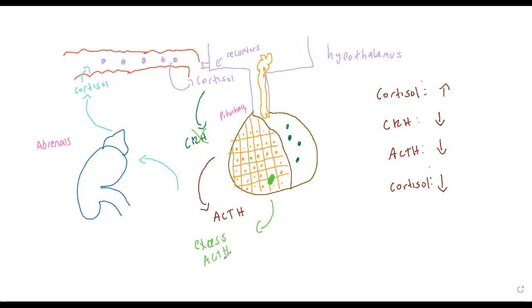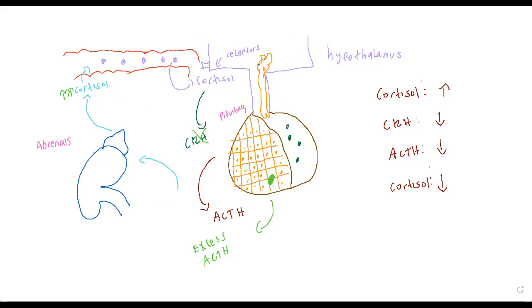Since the adrenals just go by whatever signal they receive, they're going to get a huge amount of ACTH. Make this clear. And in response, they're going to pump out a huge amount of cortisol.